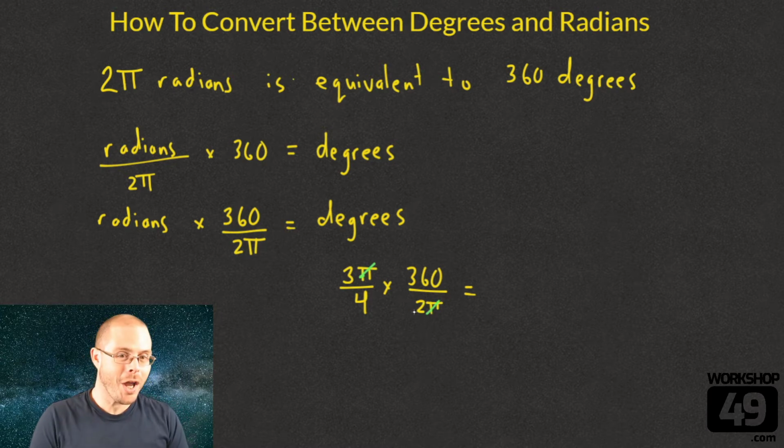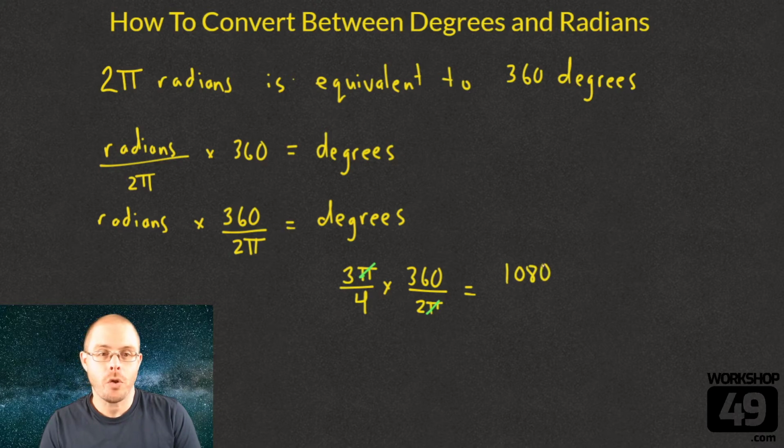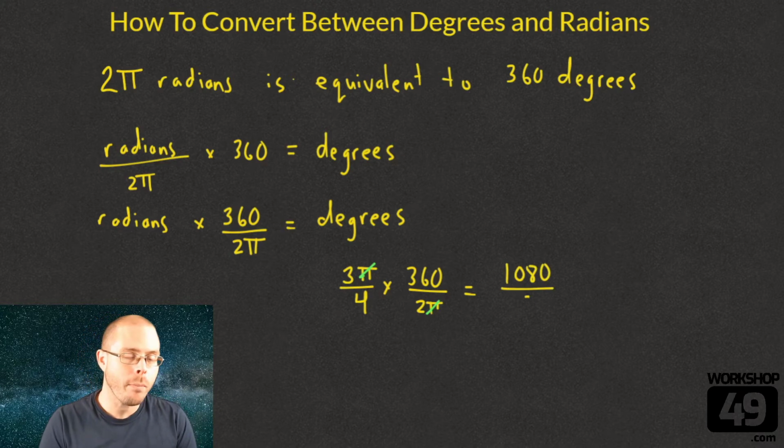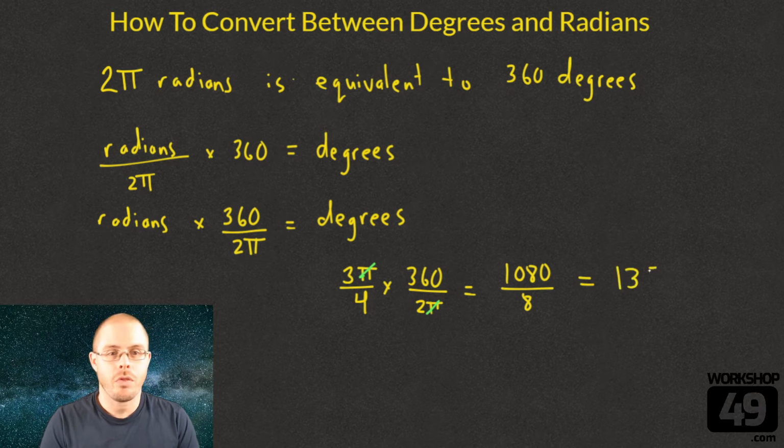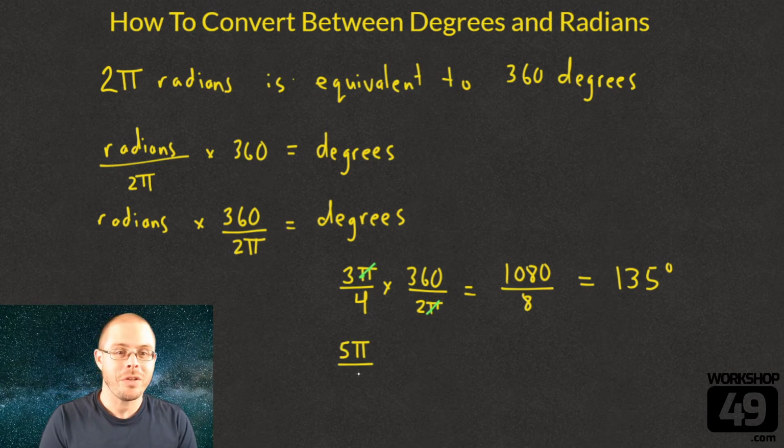Pi on top, pi on bottom, pi's are gone. What I'm left with is multiplying two fractions, top to top, 1080, bottom to bottom, 8. So the 3 times 360 was 1080, the 4 times 2 was an 8, and then you just divide them and get 135.